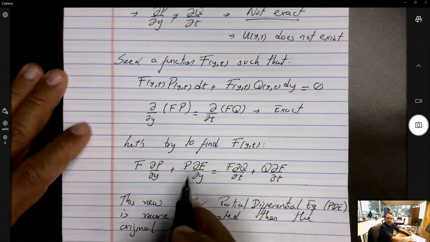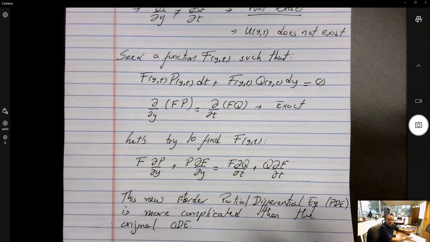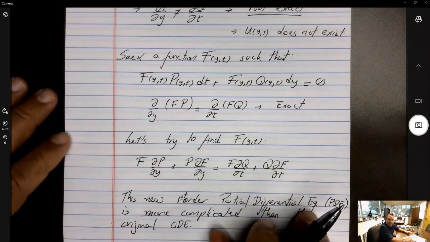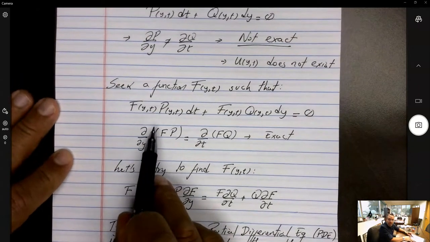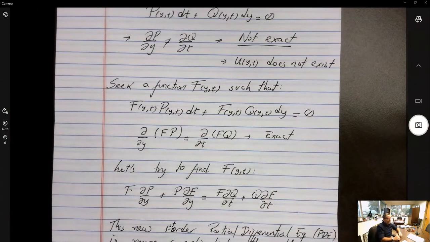This new equation is to find f, which is not even the solution of the equation. It's just to find f, which is a function that when you multiply through the differential equation, now you get an exact one. So this didn't help us in any possible way.